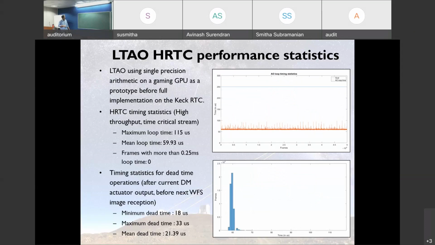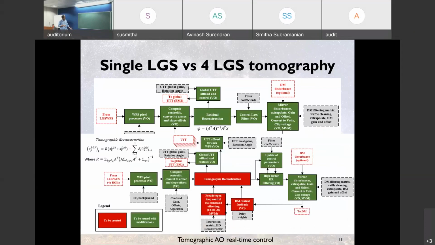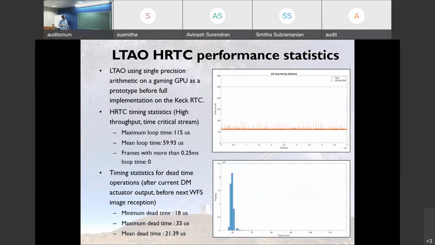So as you can see, the matrices that are here are tiny when compared to here. You have multiple covariance matrices of the size of the actuators versus the wavefront sensors here, plus a lot more operations happening here. But the good thing is today's gaming GPUs are able to easily get this thing done without much effort.